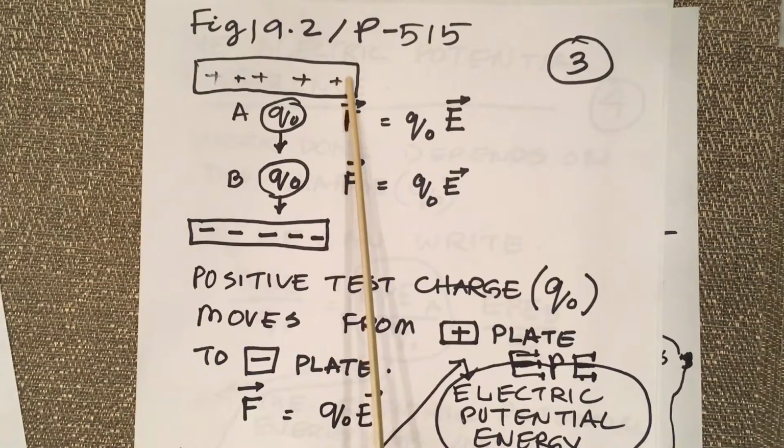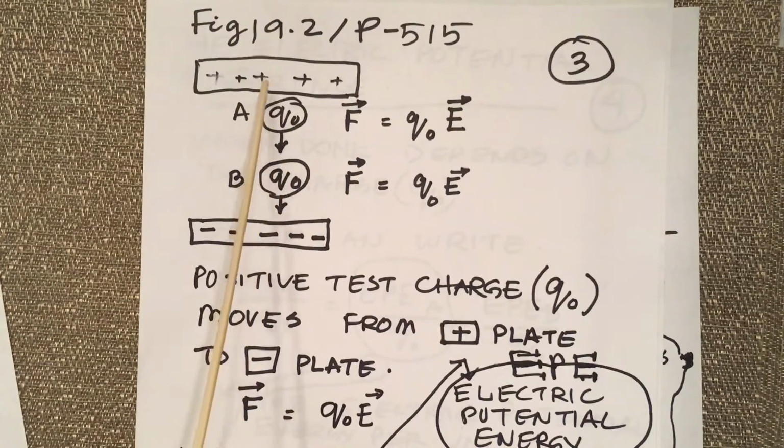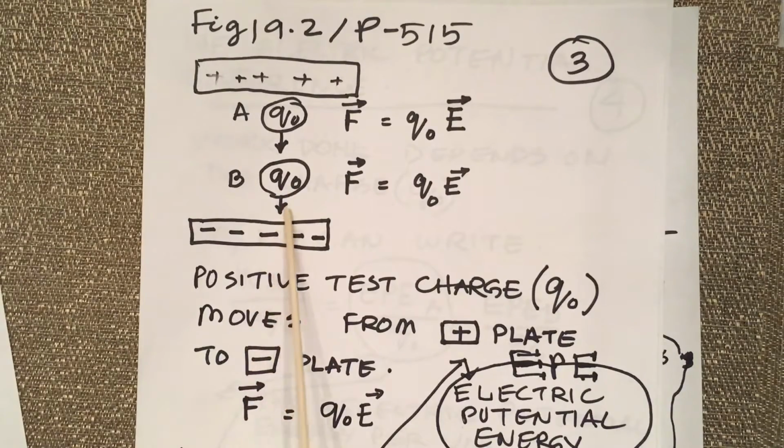One is positively charged, the other is negatively charged, and we have a test charge which is being pulled out of the positive plate, and the charge slowly comes down and hits the negative plate. The positive plate and the positive test charge will repel each other, and slowly the charge comes down and down, and near the negatively charged plate there will be a force of attraction.